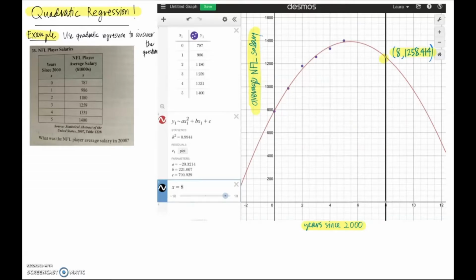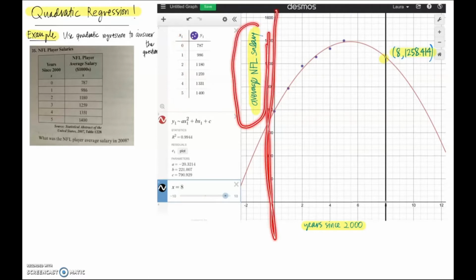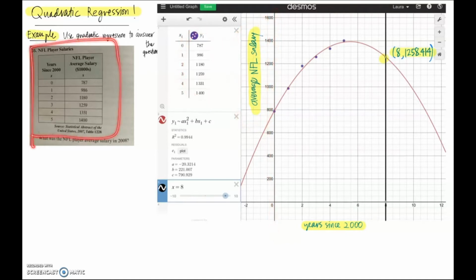So let's take a minute and look at everything that's going on with this graph and this data. Along our horizontal axis is years since 2000. That was the input for the function. And then along the vertical axis, we have average NFL salary. And that was this data here. It all came from this table here. We decided to try a quadratic regression, and this is the form that you need to put in when you want to use a quadratic regression.